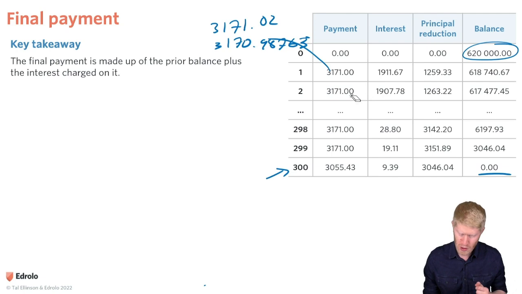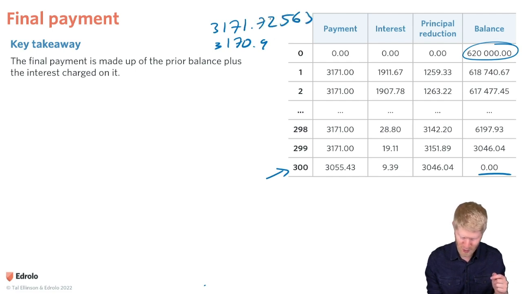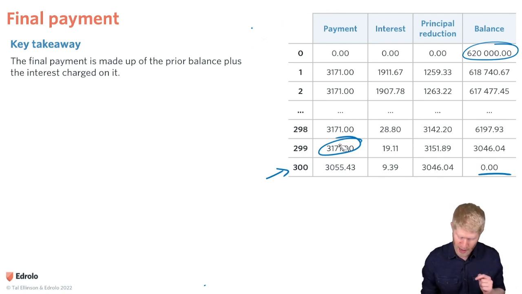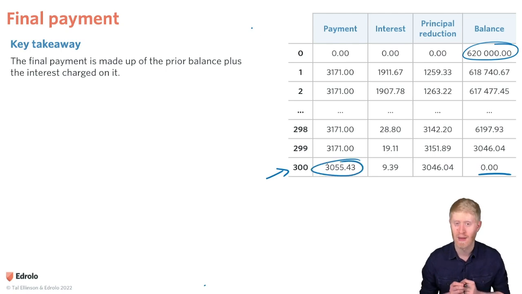Does that make sense? So in reality, the number is something like 3171.72563. And then the bank just rounds it off and says, all right, make it 3171. What that means is that you've actually paid a little bit too much along the way, and your last payment can be less.